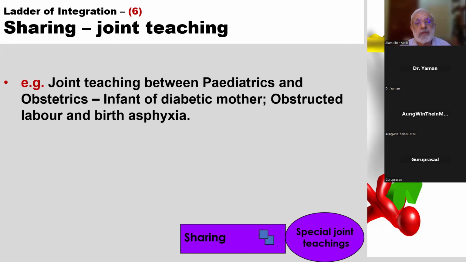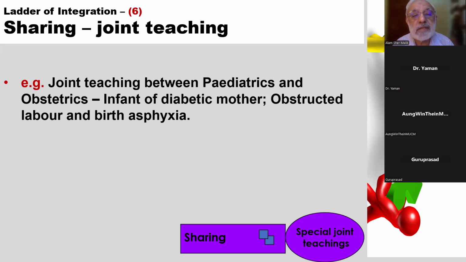A joint session, for example, between pediatrics and obstetrics, let's say infant of diabetic mother, obstructed labor and birth asphyxia. So there is a joint session conducted where they talk about pregnancy, where the mother is diabetic and the baby is born and there is an obstructed labor and birth asphyxia.